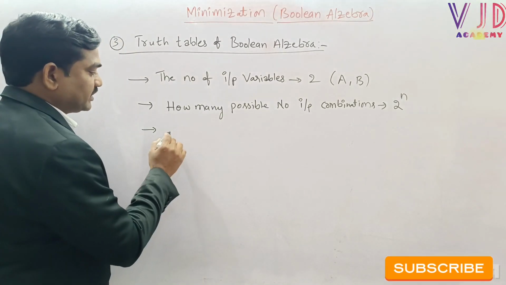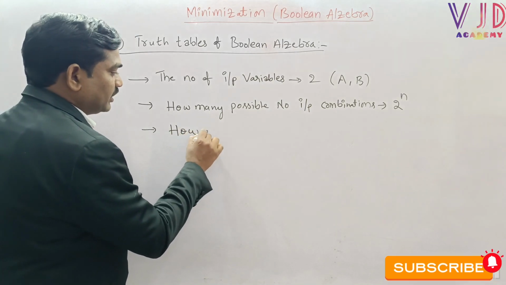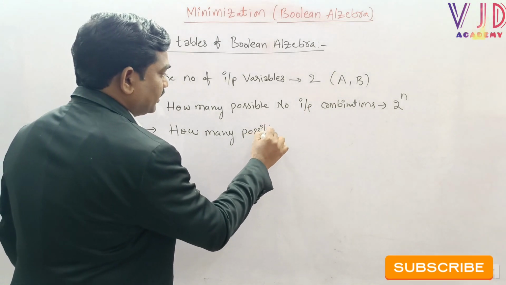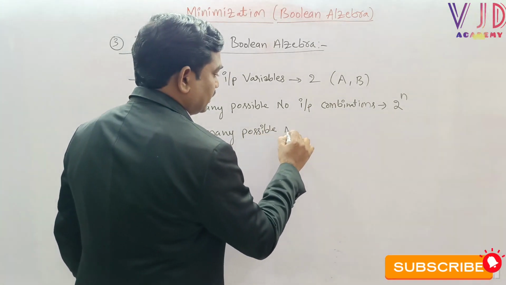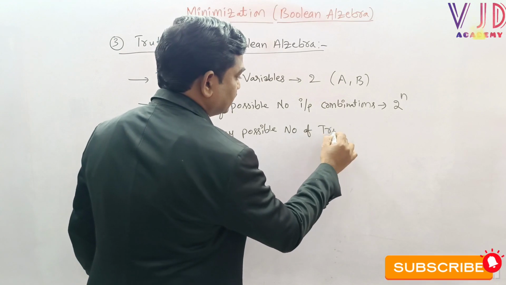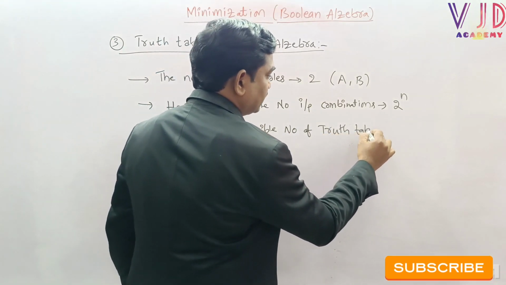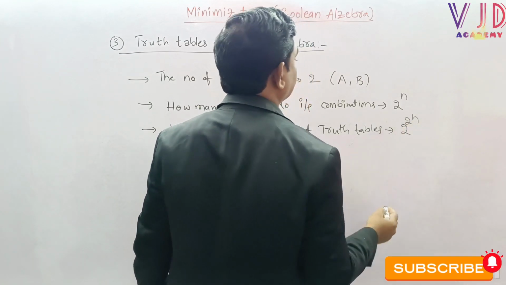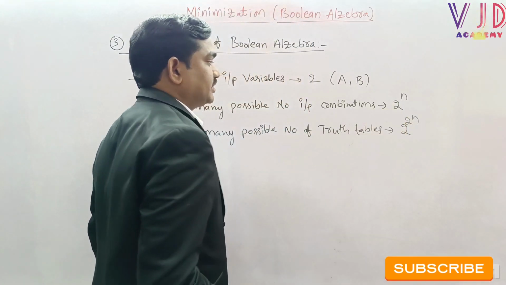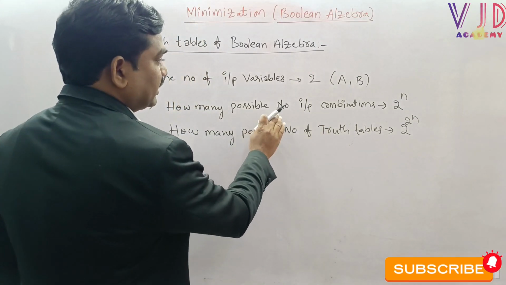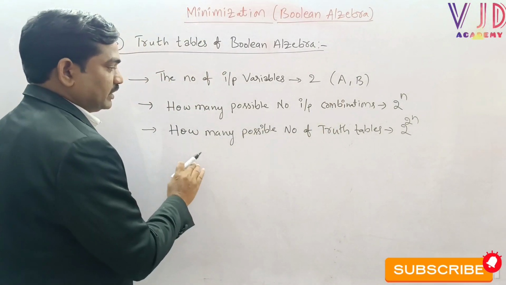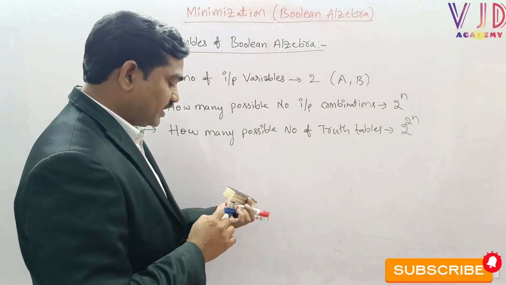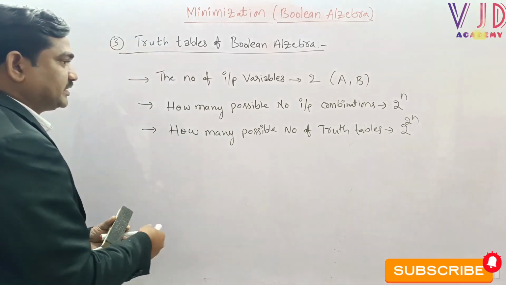If the question asks for the possible number of truth tables, the equation is 2 power 2 power n. There is a difference between these two equations, sir. Here 2 power n is the number of input combinations, and 2 power 2 power n is the number of possible truth tables. Let me draw a truth table here so that we will understand better.